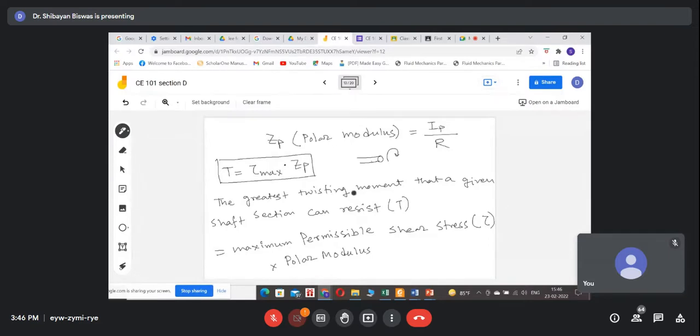This is the maximum twisting moment that the shaft section can resist, and we can achieve that by using these two values: one is the maximum permissible shear stress and another is the polar modulus of the shaft cross section.